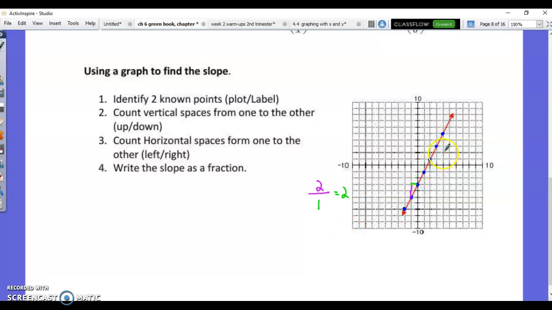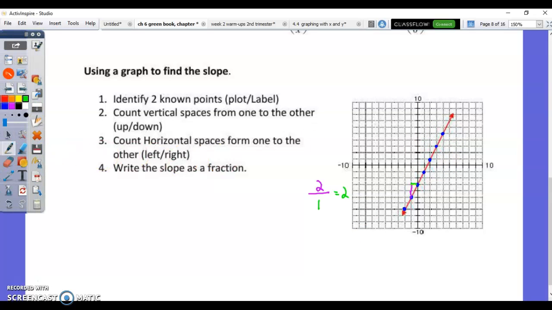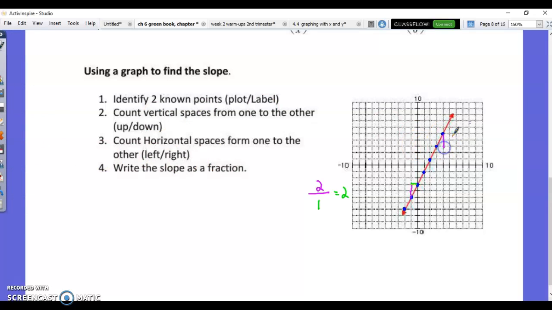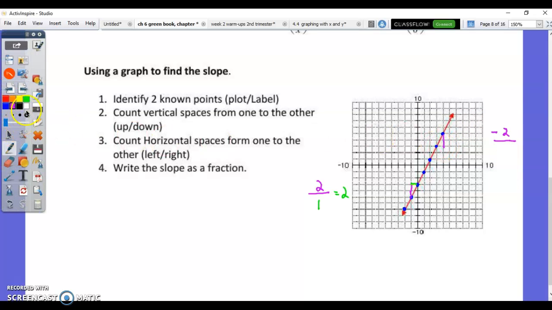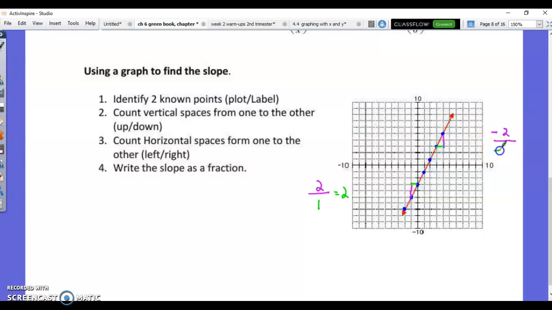All right, let's say I went backwards. I wanted to go from this one to this one. The top number is up and down, so I go down 2. That would be negative 2 because I'm indicating my direction. And then to get over to that dot, I go to the left 1 space, so that would also be a negative direction, negative 1.